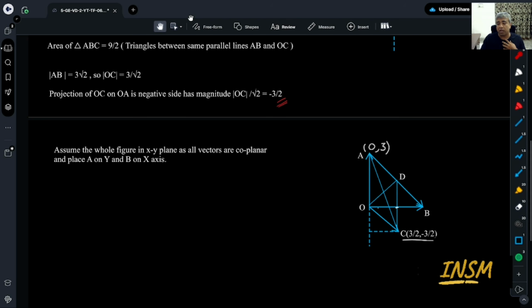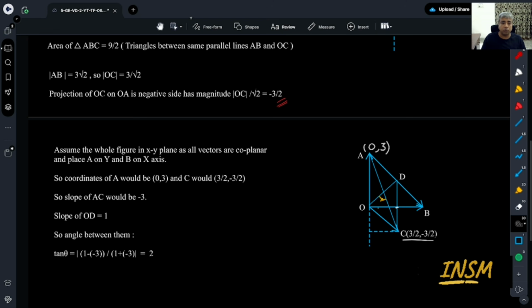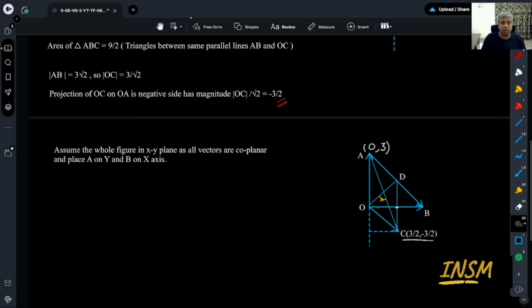Now we can find the slope of line AC. What we are actually trying to find here is the acute angle between the diagonals. This angle we have to find. For this we need the slope of AC, which would be 3 minus 3 by 2 upon 0 minus 3 by 2. So the slope of AC comes out to be minus 3.